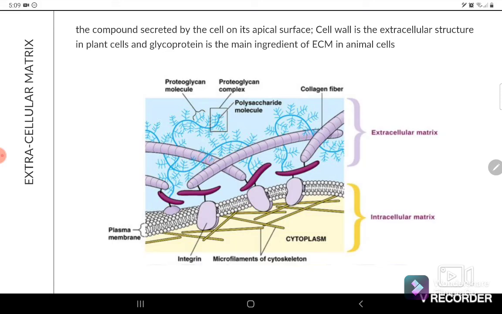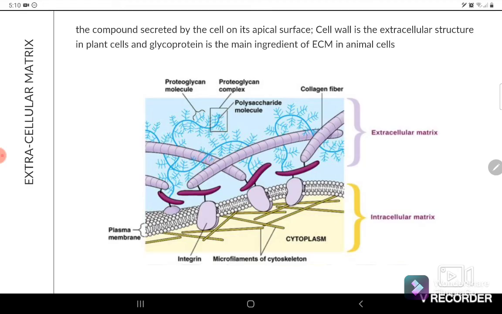So as you can see here, this is an example of animal cells where they have their own extracellular matrix. They are mainly composed of glycoproteins and other microscopic materials, like for example the proteoglycan molecule, the polysaccharide molecule, and the collagen fiber.